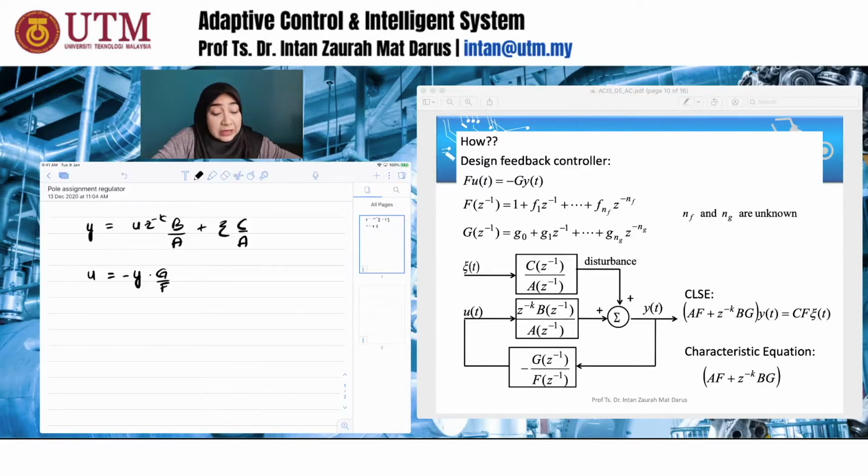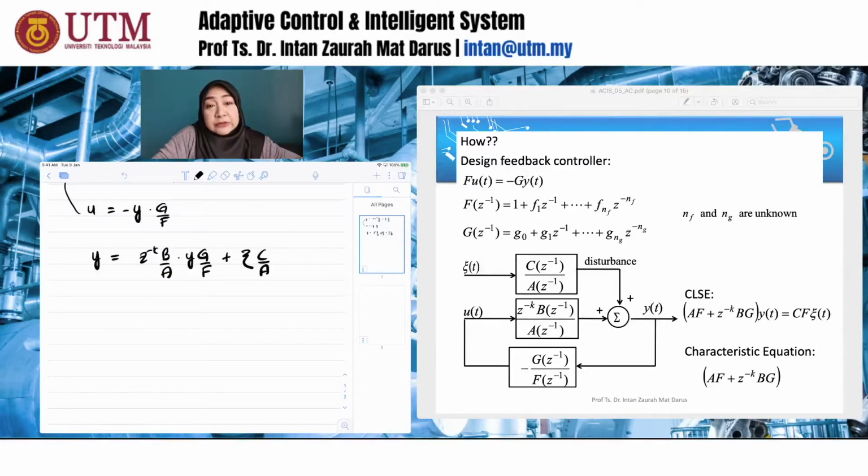We can substitute u into the first equation here to eliminate the u function. So I'm going to have y equals z^-k B over A multiplied by y G over F plus C zeta C over A. What I'm going to do is multiply both sides with AF.